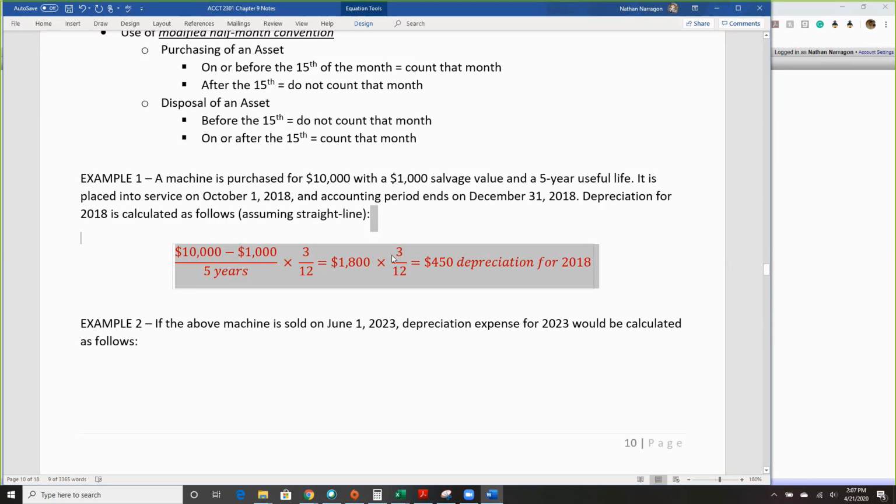Then we're going to multiply by the months in fraction form, basically how many months out of the year. So 3 divided by 12. So for 2018, this machine basically has $450 of depreciation.